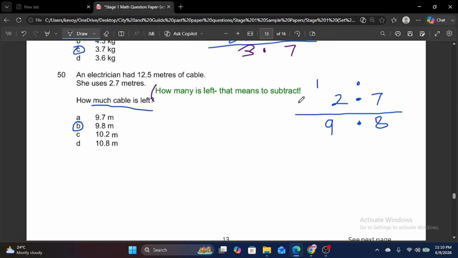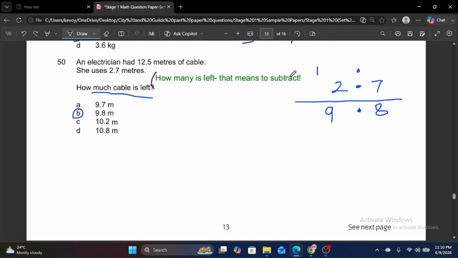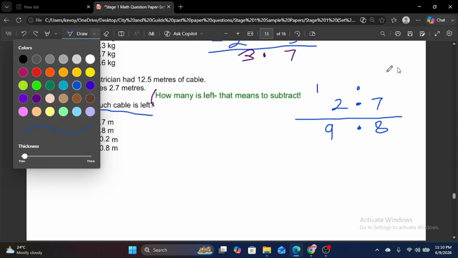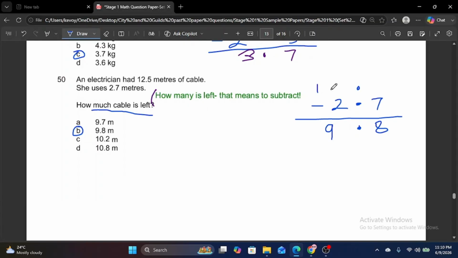Alright, so let's subtract this up quickly. So subtract, and we ensure that the numbers align properly. We ensure that it is lined up properly. So alright, so I'm gonna put my point right below and I'm gonna subtract.